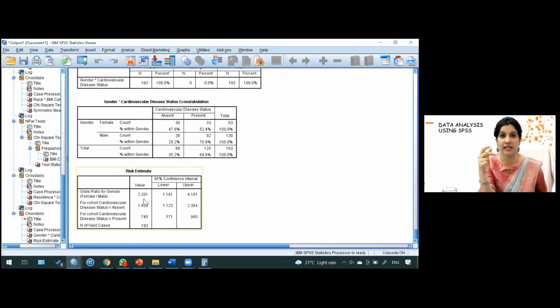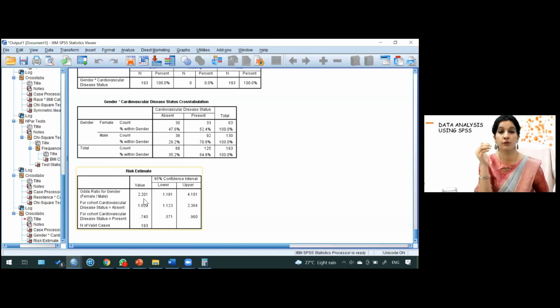In advanced data analysis, when we teach you logistic regression, there you have the adjusted odds, because logistic regression also gives you the output in the form of an odds ratio. But that odds ratio is the adjusted odds ratio because there are other independent variables also, and it gives you the risk estimate by adjusting for the other variables.